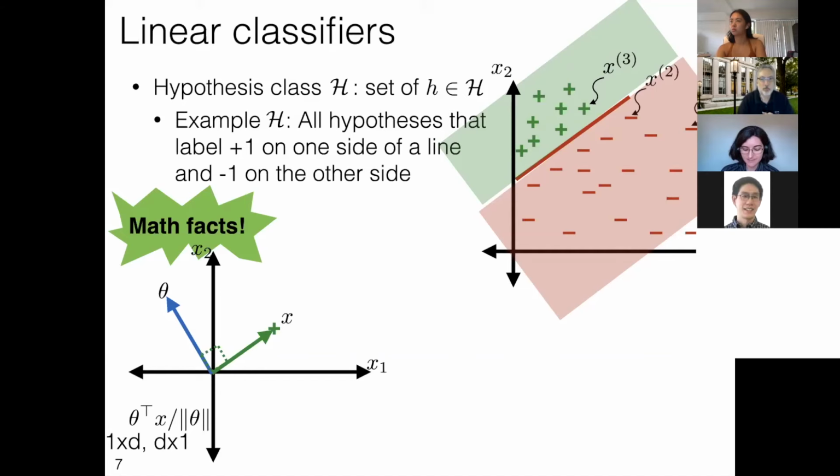Fantastic answers. Okay, so here's another x. Here's a different x that's also perpendicular to theta. Same question. What's the projection of this new x onto the theta vector? Great, and I love that some of you are saying still 0 to distinguish from your previous answer. Great, it indeed is still 0. Okay, perfect.